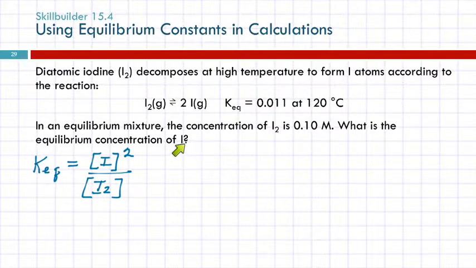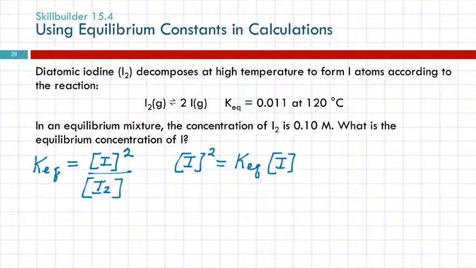They're asking us what's the concentration of I. So here we're solving for I. So you can think of this as cross-multiplying or multiplying both sides by I2, I'm going to end up with I squared being equal to the equilibrium constant times the concentration of I2.